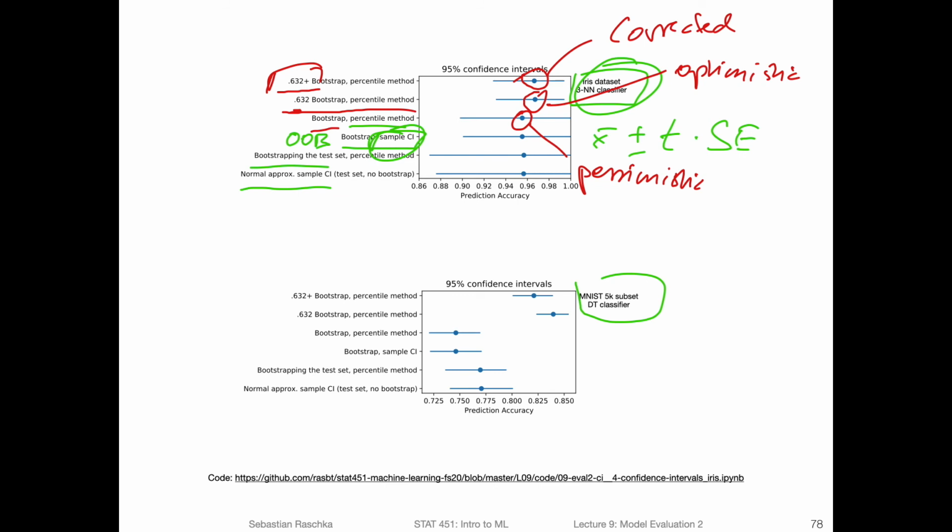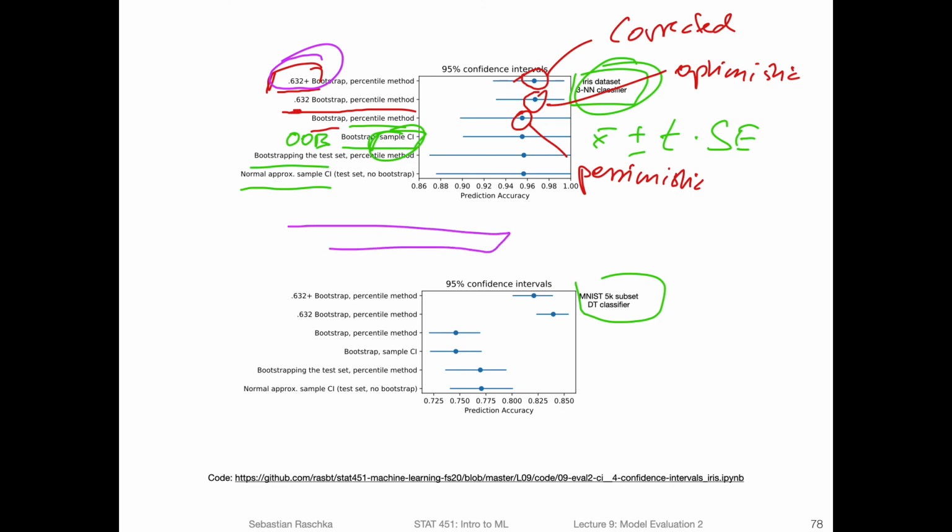So in practice, which one to use? If you don't do any model tuning and you just want to know how well the model performs, you just take the data set, and I would say do the 0.632 plus bootstrap to get a confidence interval of your model estimate. One thing with that is you have multiple models, so you don't know exactly the performance of a single model, which is fine though, because you can construct the confidence intervals.